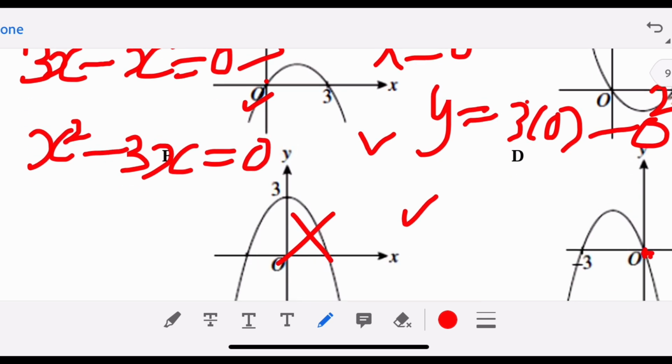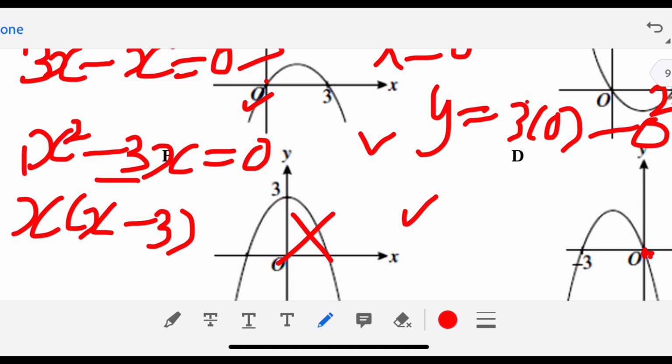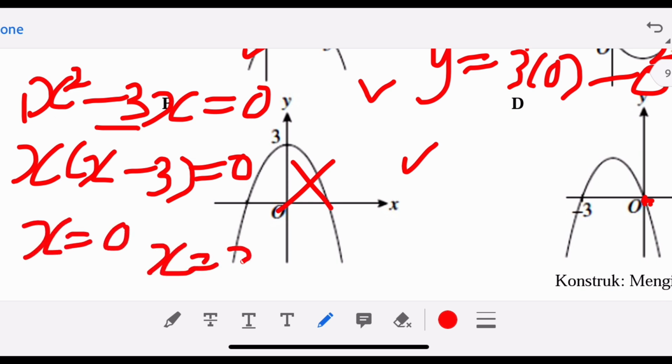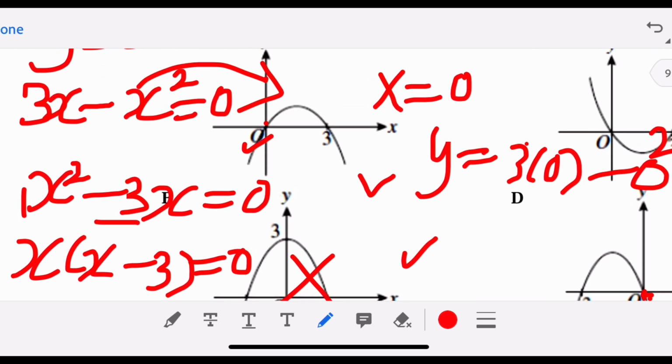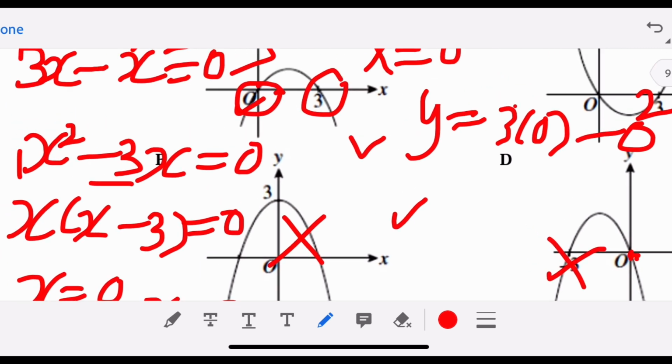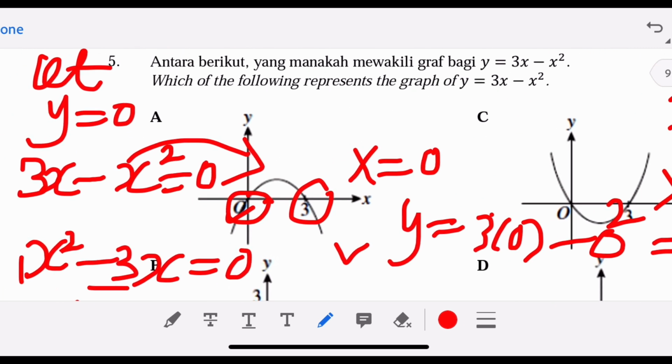Normally we want it positive, then you factorize, or you can even use a calculator. You put a = 1, b = -3, c = 0, right? Can also, but better you factorize like me. So I got the x-intercepts, which are 0 and +3. So this one is 0 and +3. This one no, it's -3. So the answer will be A.